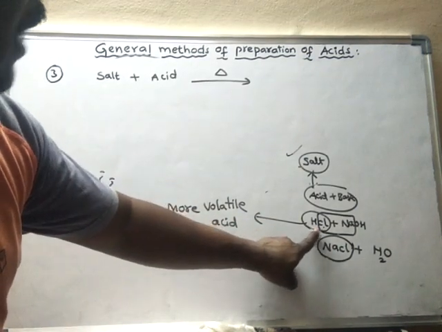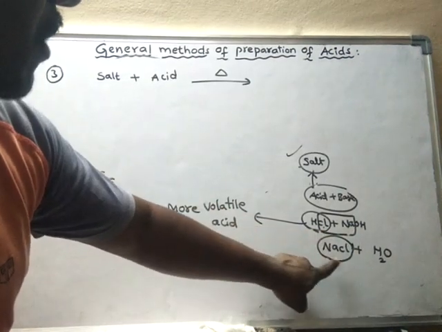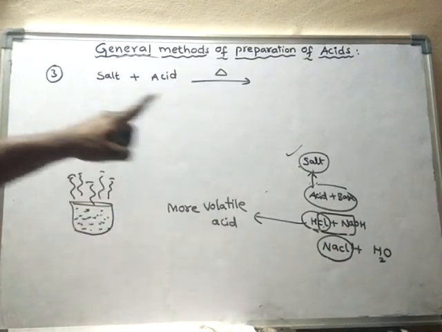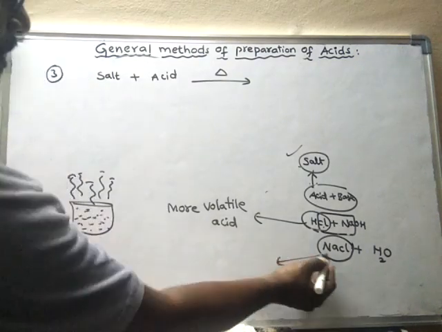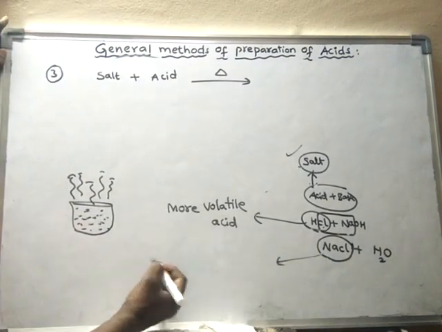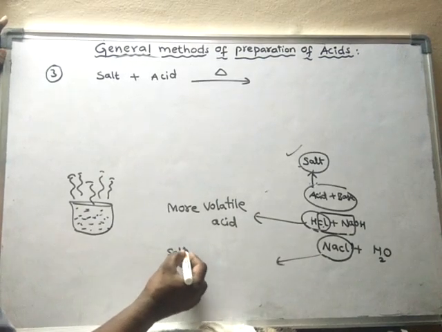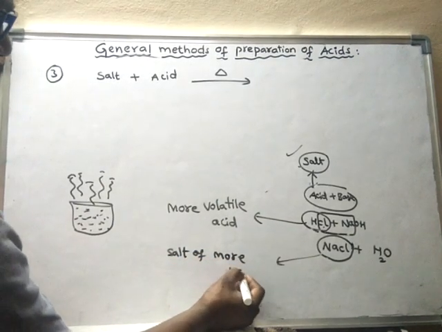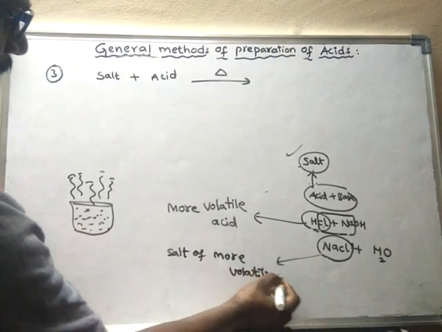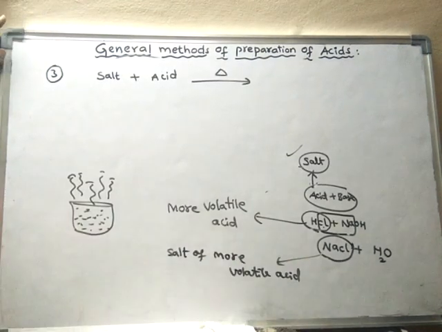This salt NaCl is said to be the salt of a more volatile acid.